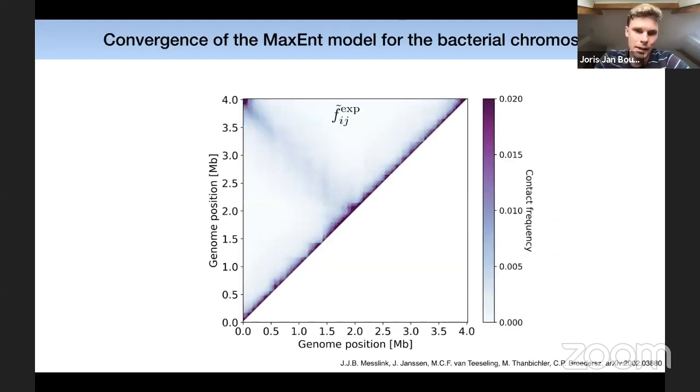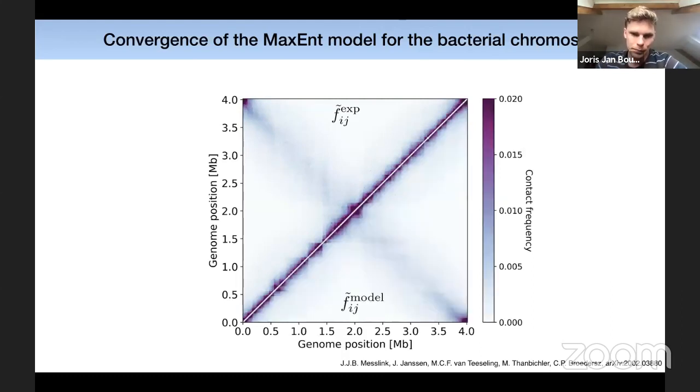So here we see our contact frequency map again. And in the top triangle, we now have the experimental values. And in the bottom triangle, we have the model, which, as you see, matches the experimental contact frequencies very closely. So this tells us that we've managed to converge our model, and we, in fact, found the maximum entropy model for the bacterial chromosome.